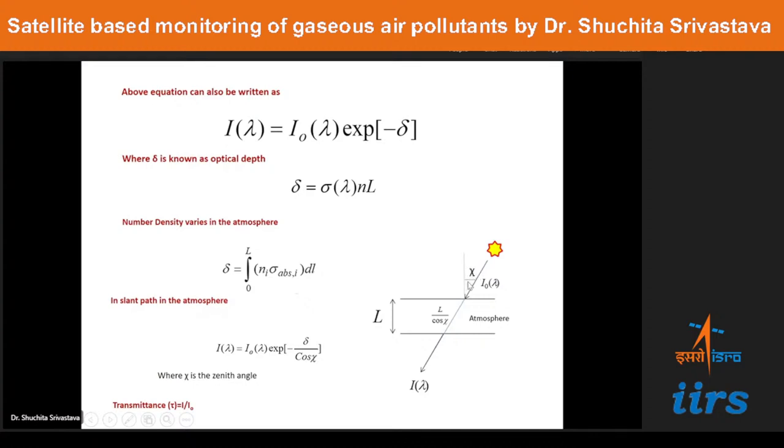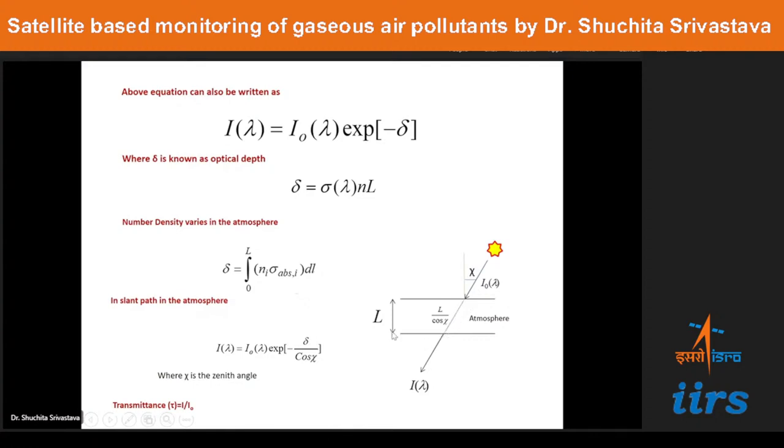So sunlight sometimes will come in a vertical direction, sometimes it will follow a slant path. When it follows a slant path, it will travel a longer distance in the atmosphere before reaching the surface, and in that case there will be more absorber in this path.